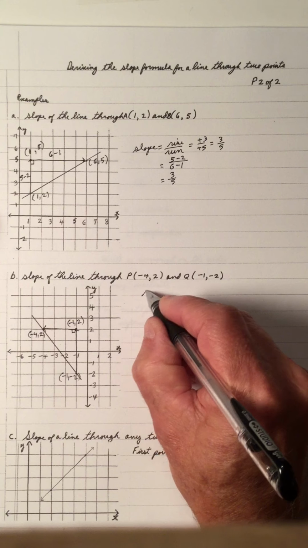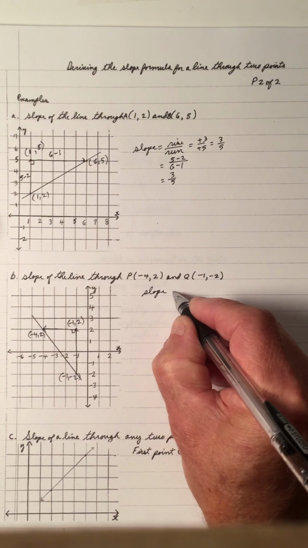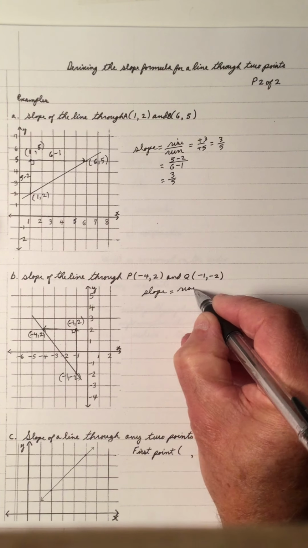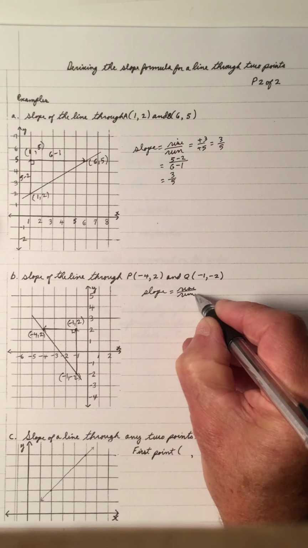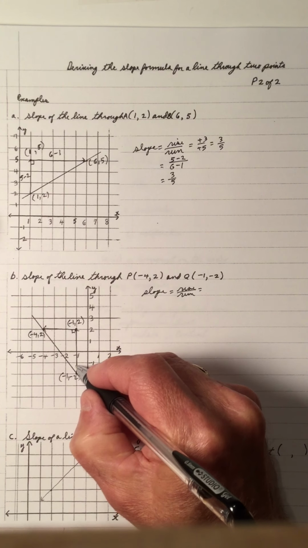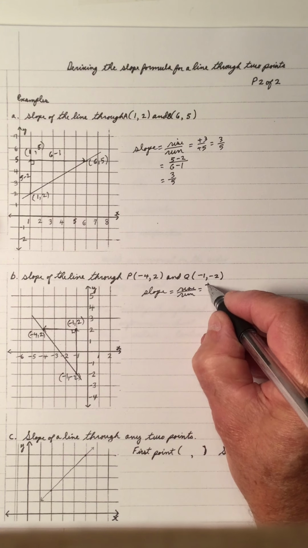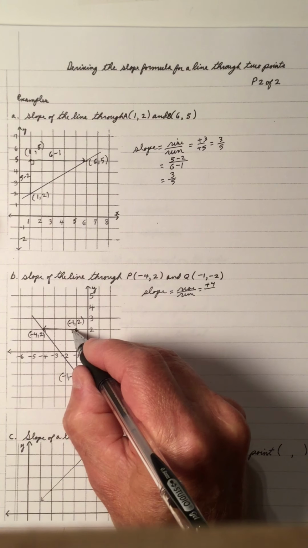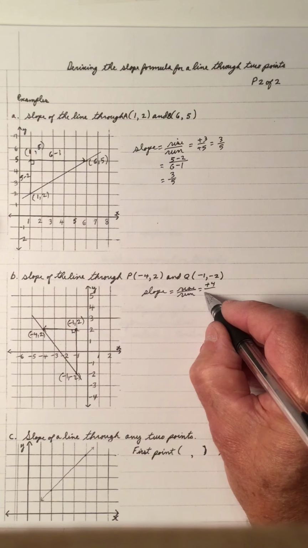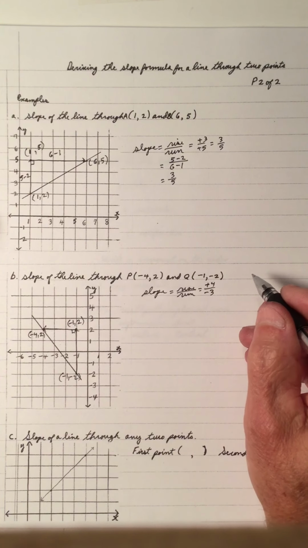We know that the slope of this line is rise over run. The rise is 1, 2, 3, 4, so it's a +4. And the run is 1, 2, 3, but it's negative because it's going to the left.